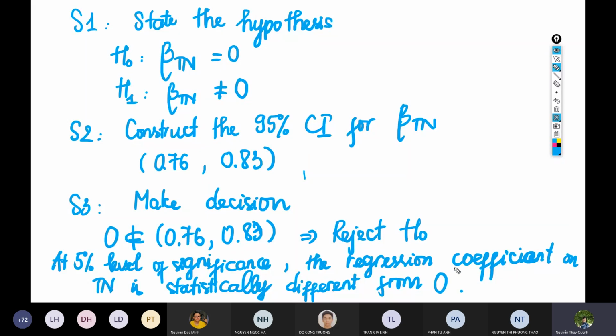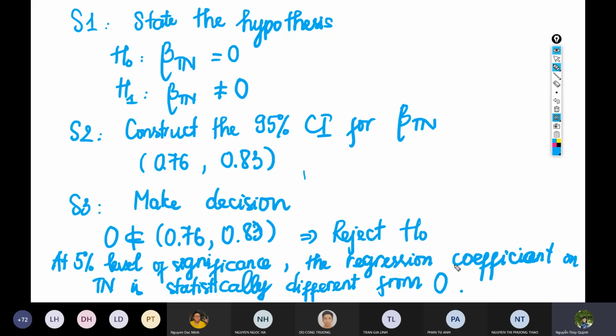We reject H0 and conclude that at 5% level of significance, the regression coefficient on Tn is statistically significant, or statistically different from zero. We can also say that the independent variable Tn significantly affects the dependent variable.